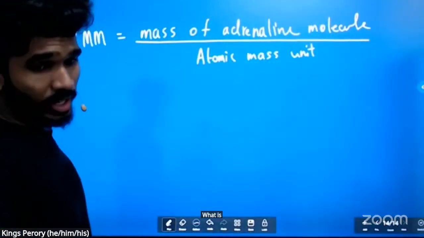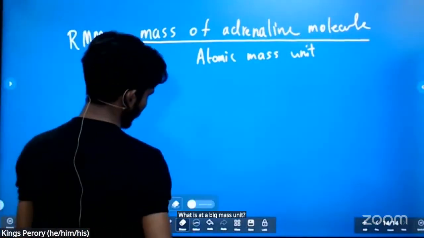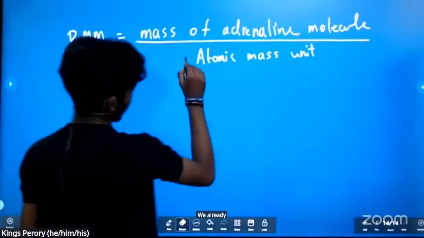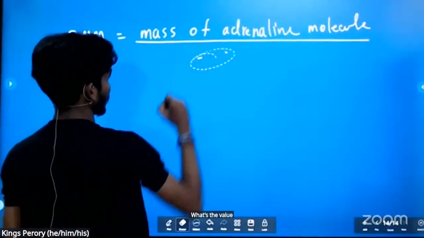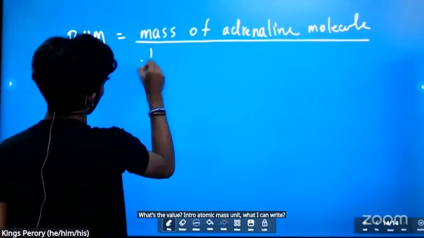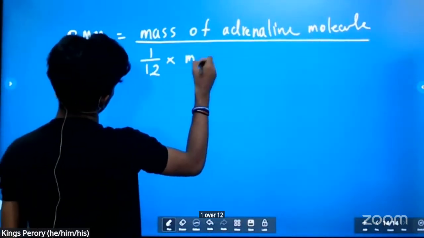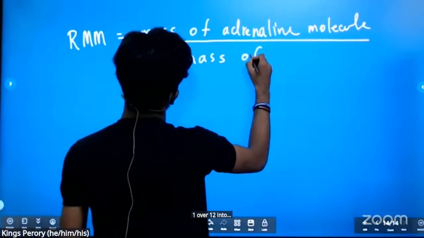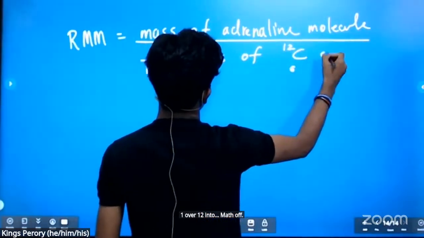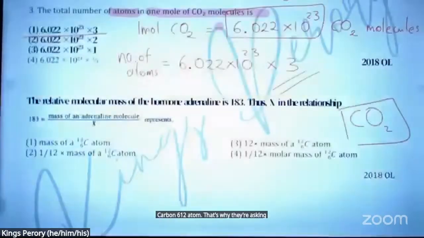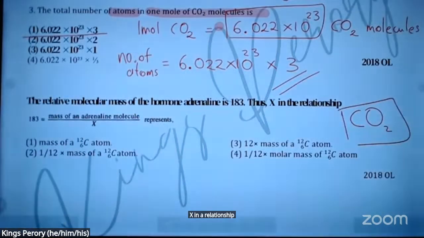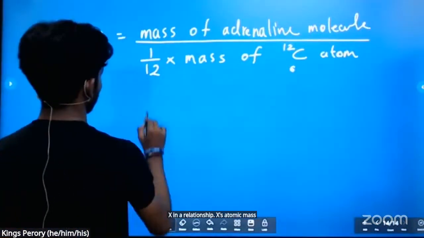What is atomic mass unit? What's the value of atomic mass unit? We already memorized. Instead of atomic mass unit, what can I write? 1/12 into mass of carbon-12 atom. That's what they're asking. X in the relationship is atomic mass unit, that is this.